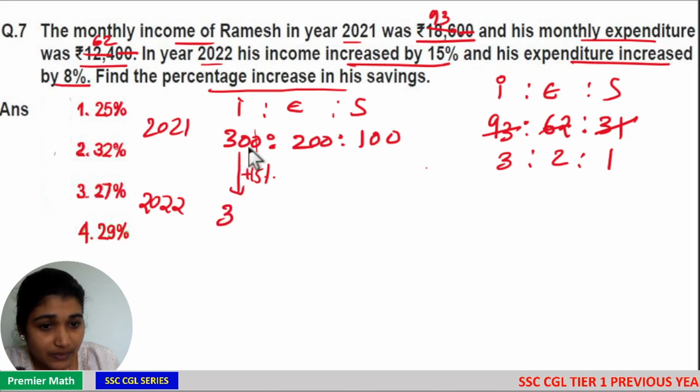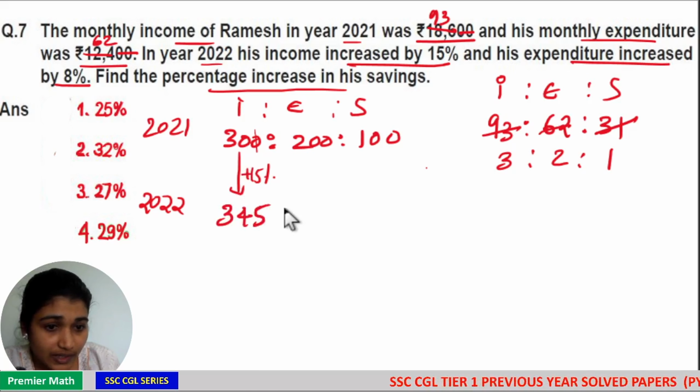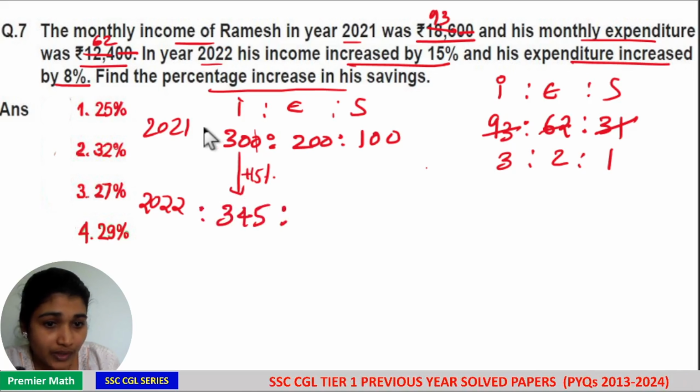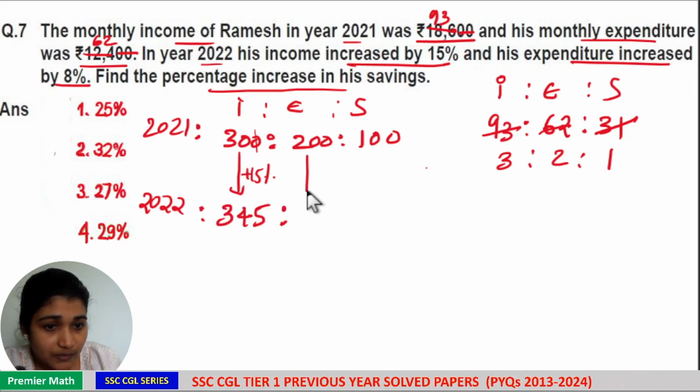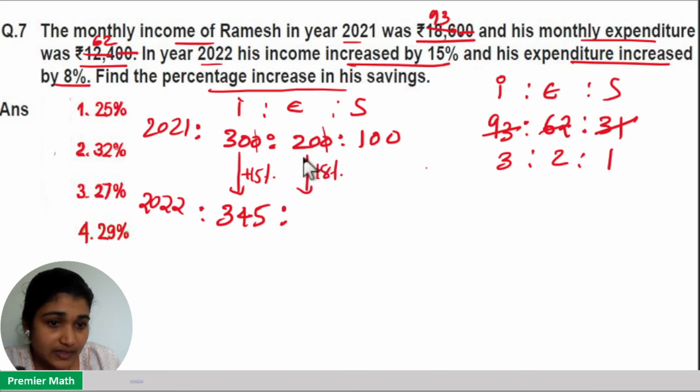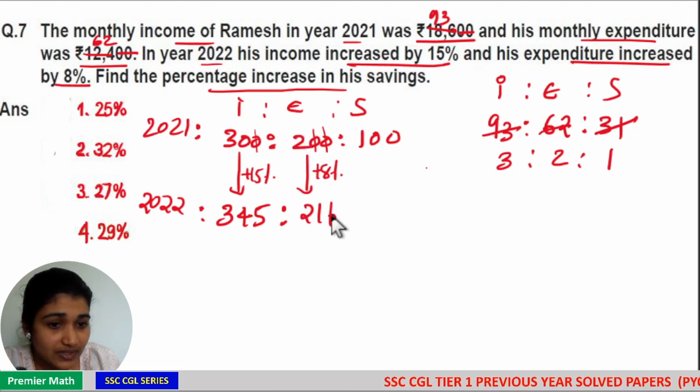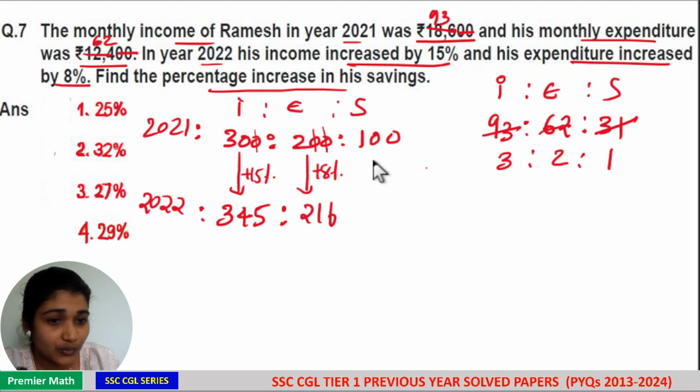So income becomes 300 plus 45, 345 in 2022. And expenditure increased by 8%. 10% of 200 is 20 and 1% is 2. Then 8% is equal to 2 into 8, 16. So 200 plus 16, 216 is the expenditure in 2022.